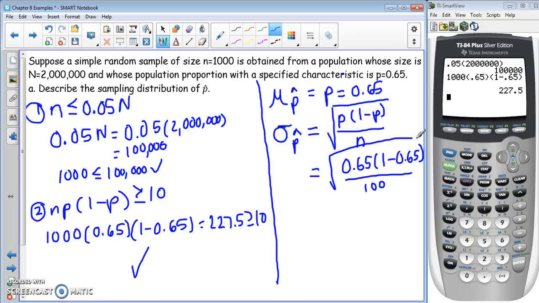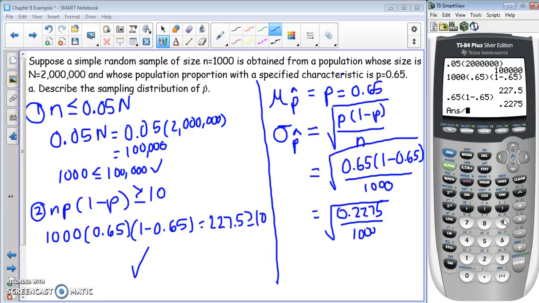Let's simplify a piece at a time. 0.65 times 1 minus 0.65 gives us 0.2275 over 1,000. Let's fix that above and underneath our radical. Now let's divide that by 1,000.